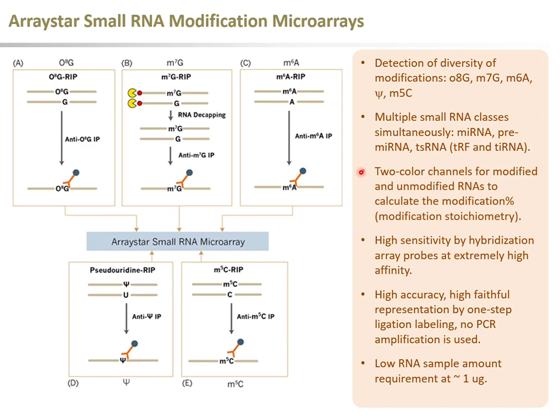One microarray simultaneously profiles multiple small RNA classes, including microRNAs, microRNA precursors, tsRNAs, that is, tRFs and tRNAs. The microarray is highly sensitive, detecting one copy of transcript per cell. The quantification accuracy is extremely high due to the faithful representation of native RNA levels by one-step labeling.